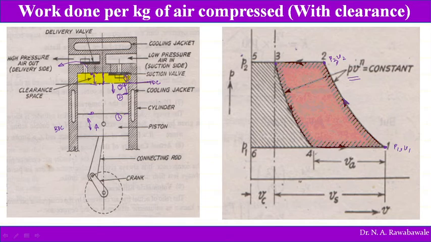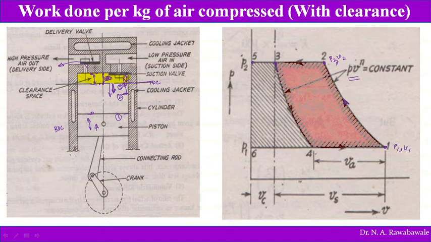The piston is not allowed to move beyond point 3. The movement of the piston towards bottom dead center is going to expand the air present in this clearance, because the piston moves from top dead center towards bottom dead center.